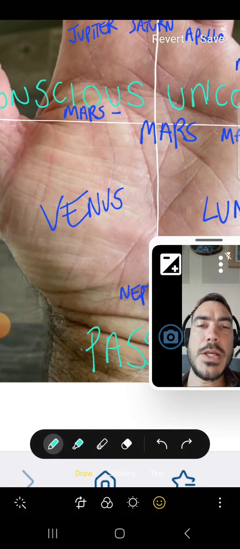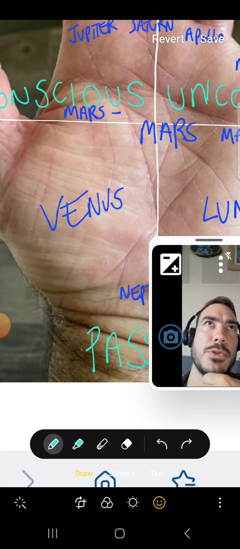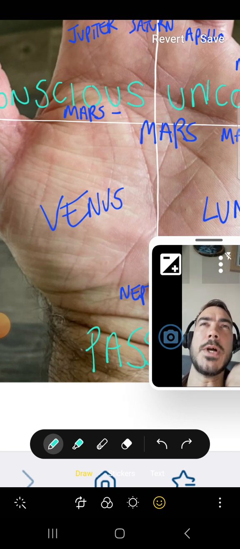And the Venus mount, as I've mentioned, it's our vitality, it's our immune system, it's also our emotions, how we react and feel outwardly. It's the amount of, as it suggests, love, family, support and comfort, but it's also vitality and stamina and energy.